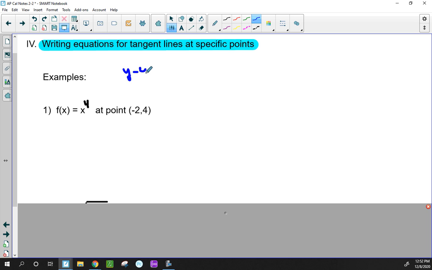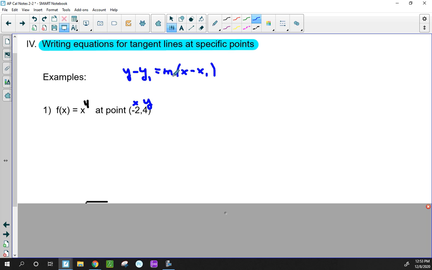You're going to do y minus y1 is equal to m times x minus x sub 1. Remember, this is your slope, of course. This is where you're going to put your x coordinate of your ordered pair, and of course the y coordinate. And so -2 would go in here, and the 4 would go right there.